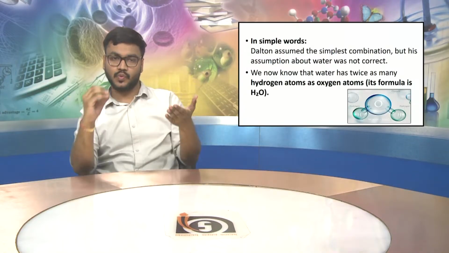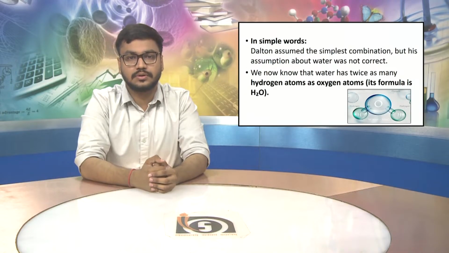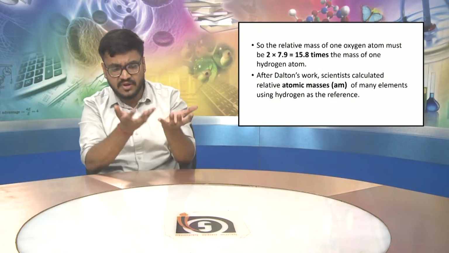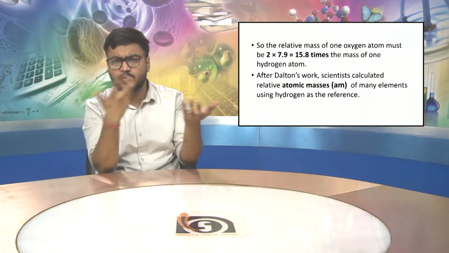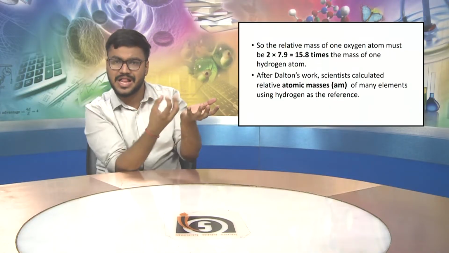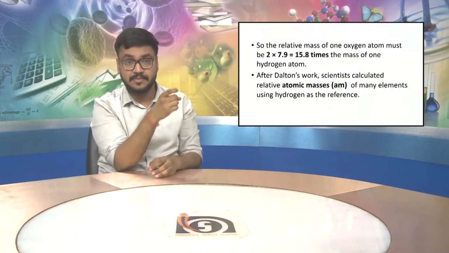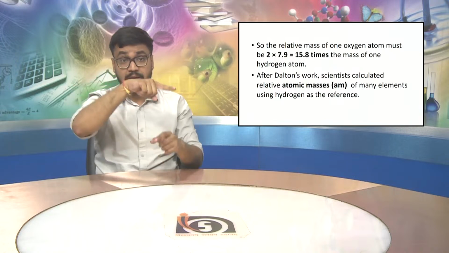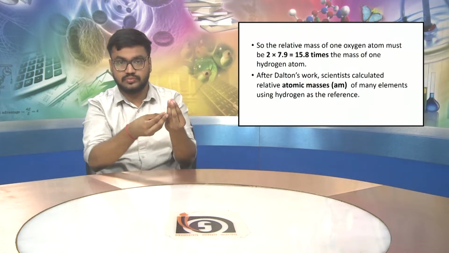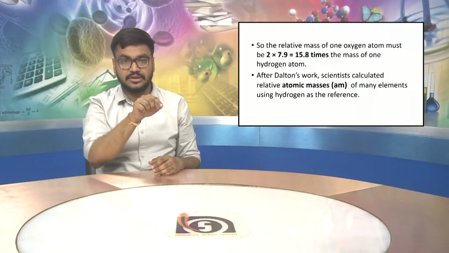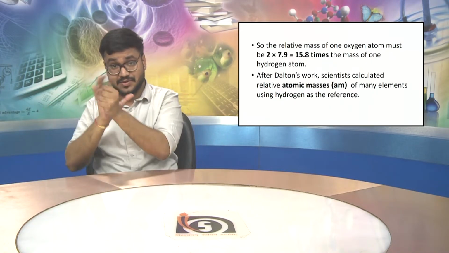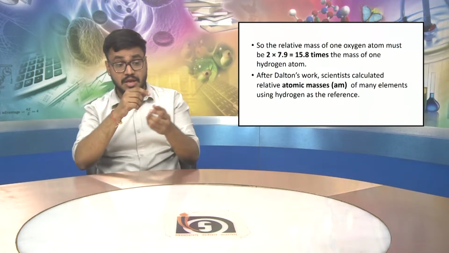So that's why its formula is H2O. So the relative mass of one oxygen atom must be 2 multiplied by 7.9, which gives 15.8 times the mass of one hydrogen atom.